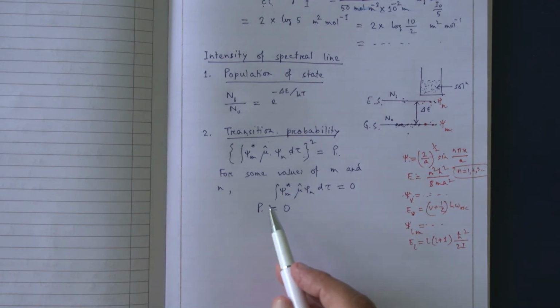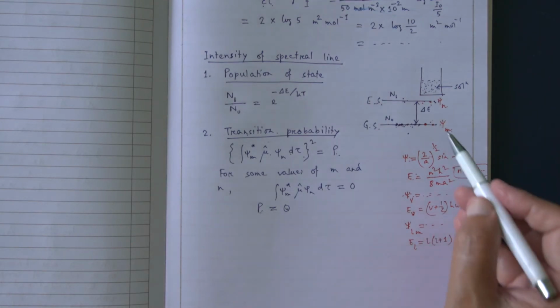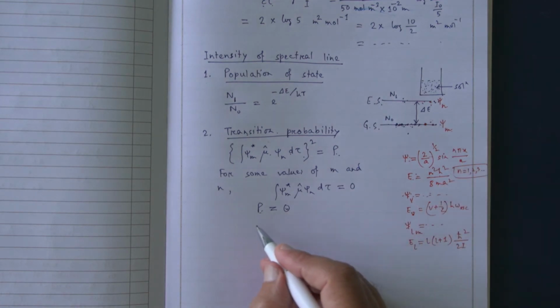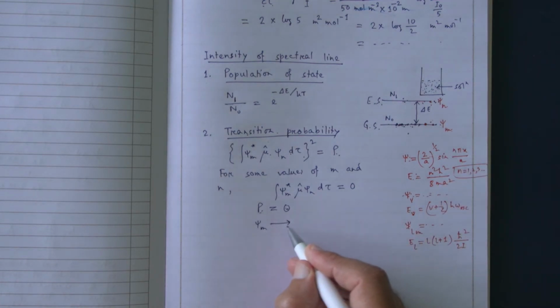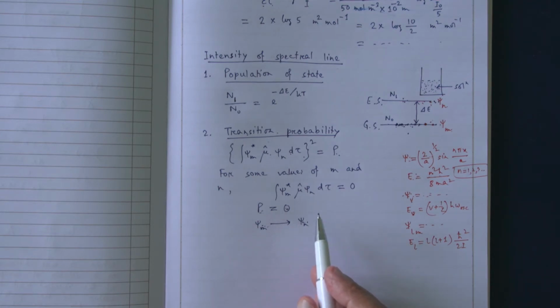When transition probability is zero, we say that this transition from psi m to psi n, the probability of this transition is very, very small. But we cannot say that this transition will not take place at all. That is not correct. Okay?